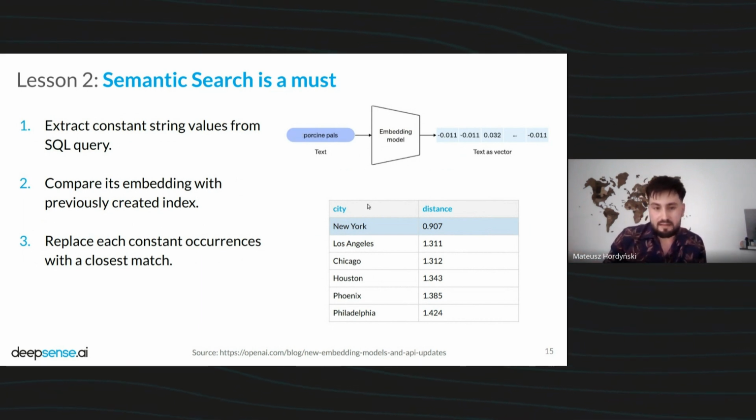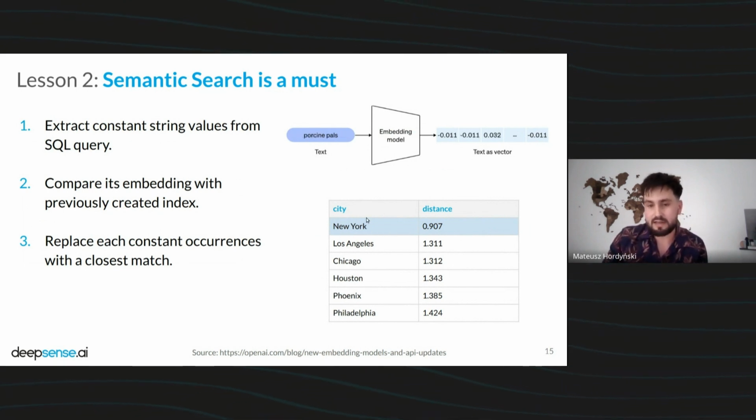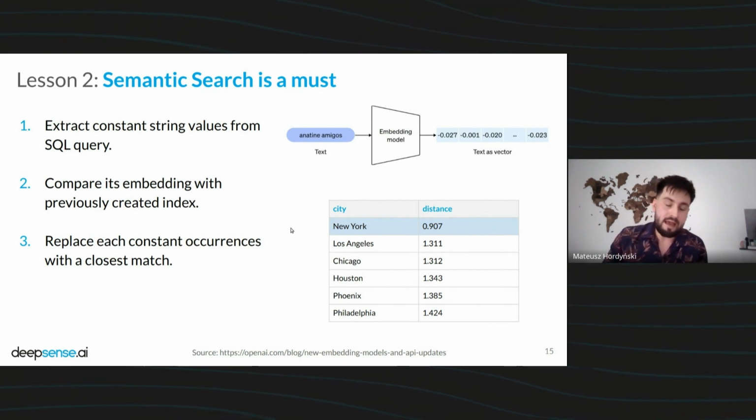If we have that index, we can compare the embedding of the new value coming into the system, the New York shortcut. After comparing it, we got New York as the closest match. So probably by typing NY the user meant New York City. And after that, we can replace each constant occurrence with the closest match.